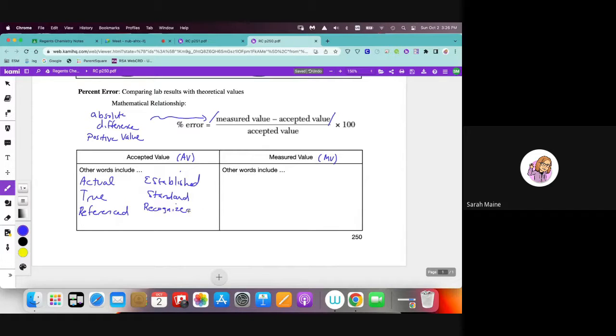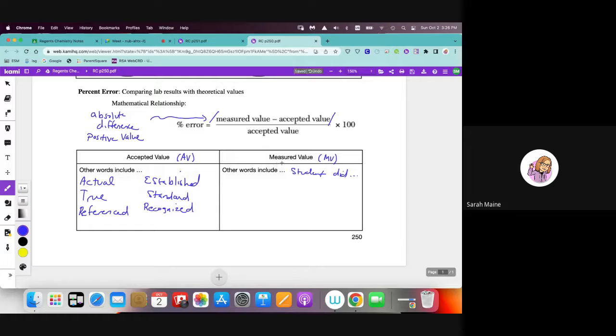So the recognized value. Where is the measured value? If any information is given to you where it's referred to as something like what the student did, so the student collected.